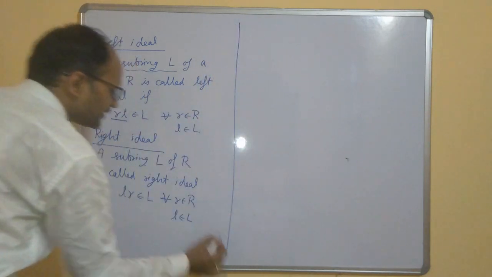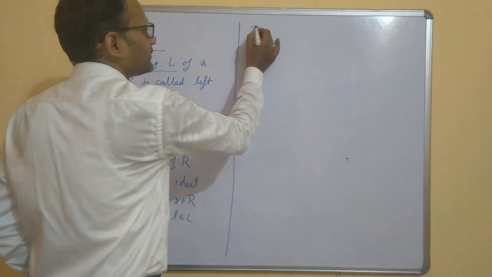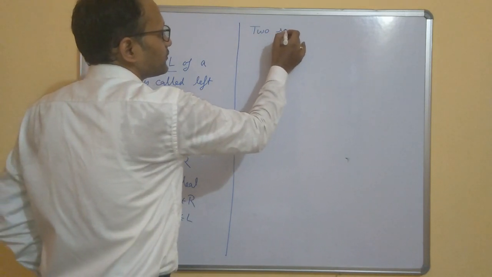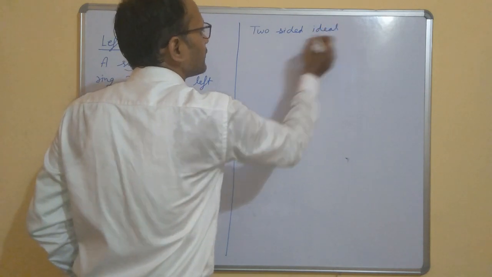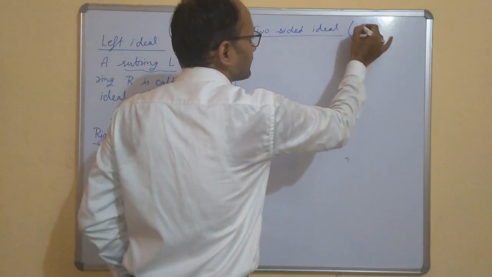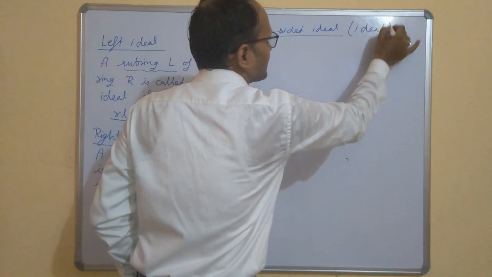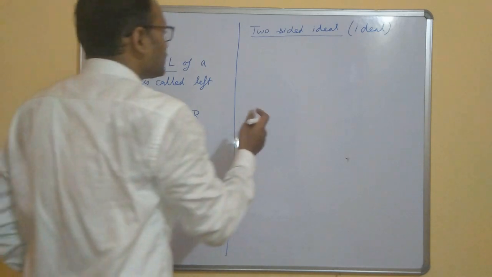This is left ideal, this is right ideal, and now we have two-sided ideal. In short it is also called ideal. So whenever I say ideal, ideal means two-sided ideal. So what is two-sided ideal?